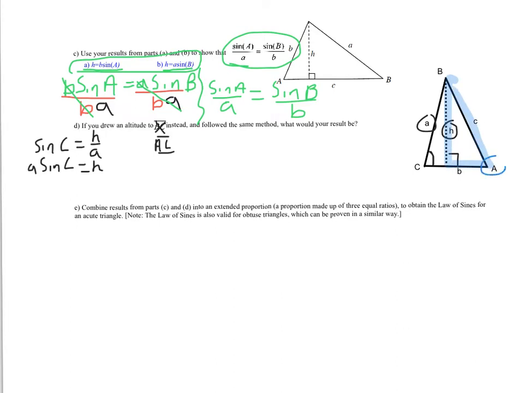I have angle A, H, and C, and the sine of angle A equals opposite, which is side H, over C. Multiply both sides by C, and H equals C times the sine of A.